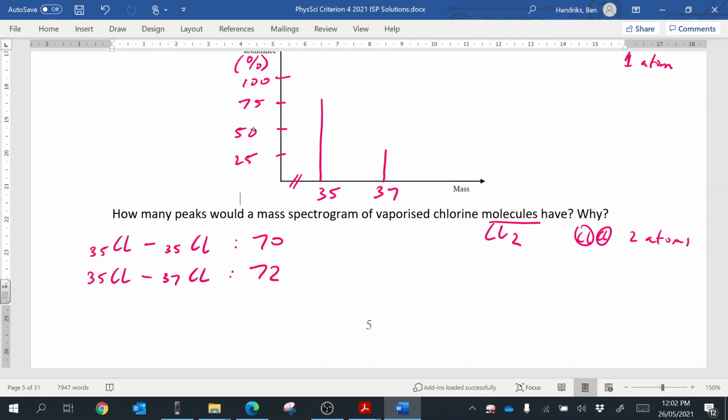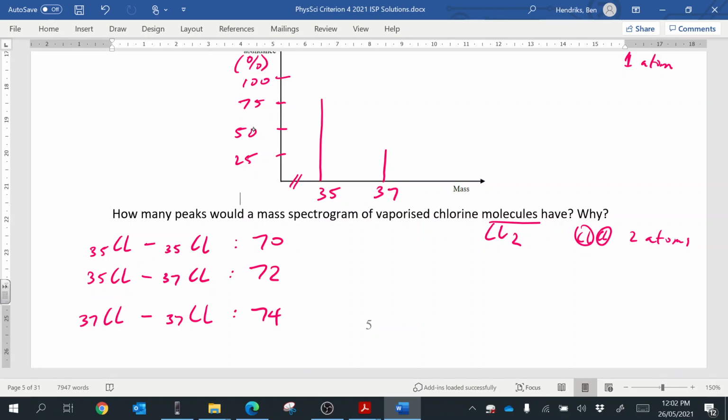And if we have two 37Cls, we have a combined mass of 74.